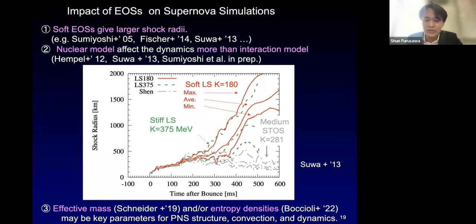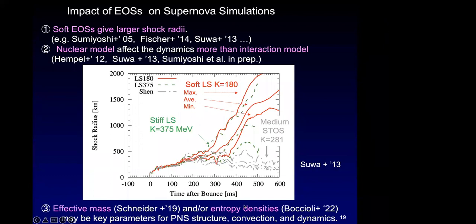Also, another group showed the entropy density may be an important parameter of nuclear matter, as it affects the motion of convection. Of course we need more investigation. But recently, the key parameters for stiffness may be effective mass and entropy densities.